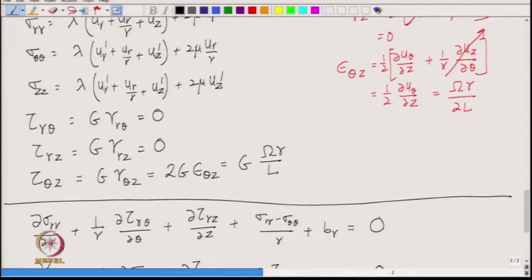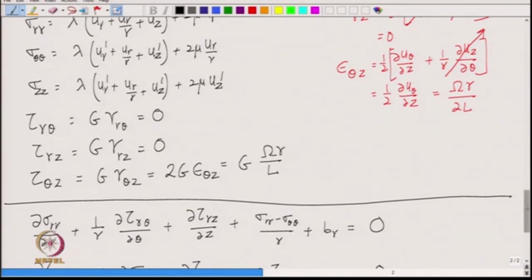See, that again happened because we started with axisymmetric displacement. Therefore, strain matrix also becomes axisymmetric, and finally, the stress matrix also becomes axisymmetric. So, whenever you have axisymmetric deformation, then displacement, strain, stress, they all become axisymmetric, right.